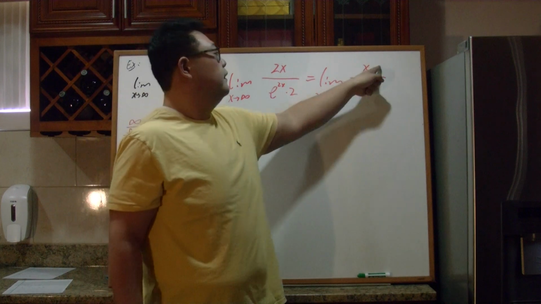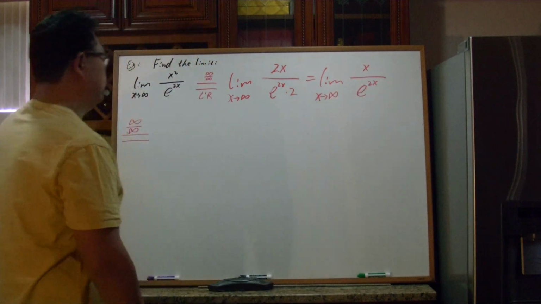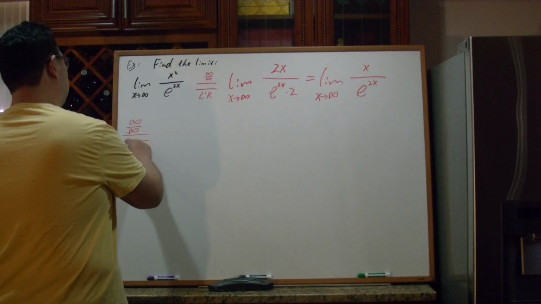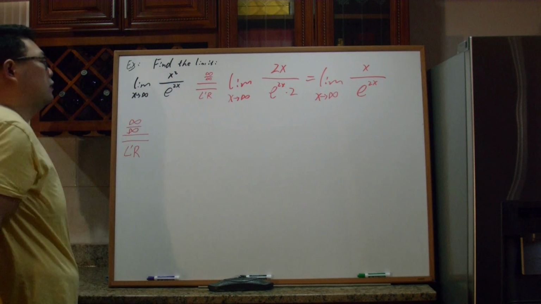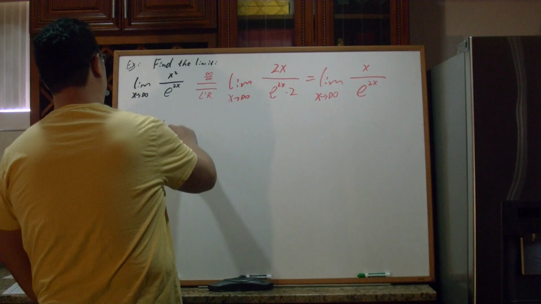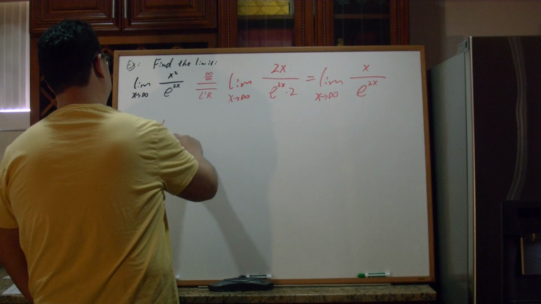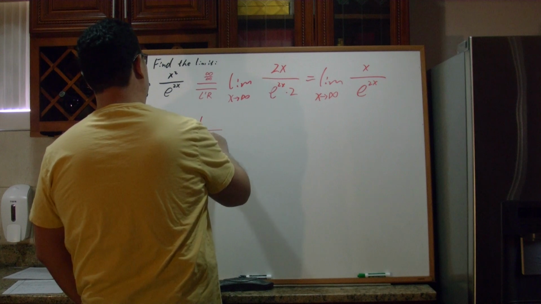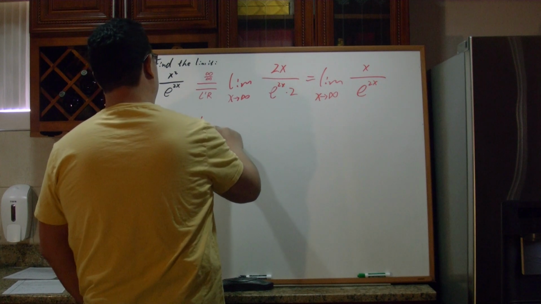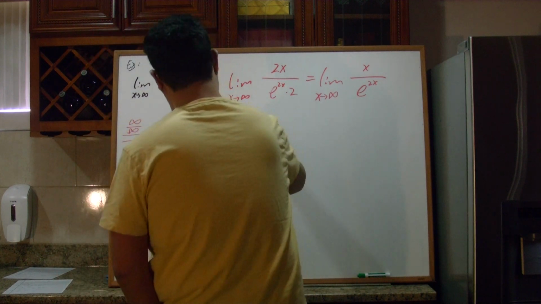We have x over e to the 2x, which is infinity over infinity. That's an indeterminate form. So we can also apply the L'Hopital's rule to this new function. We get the derivative of top is 1, the derivative of bottom is 2e to the 2x.